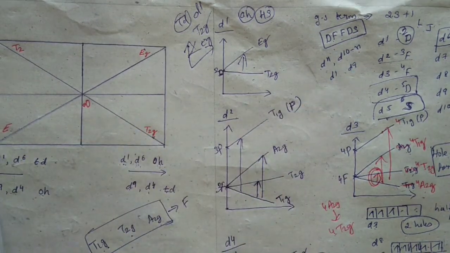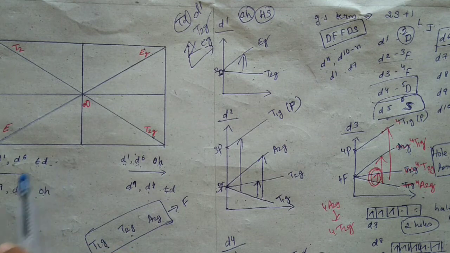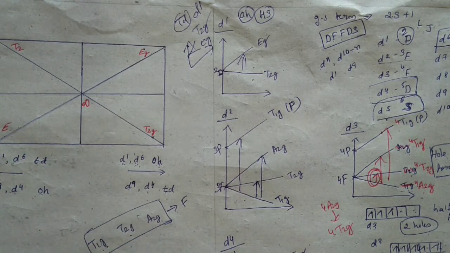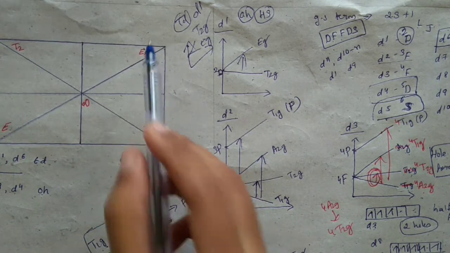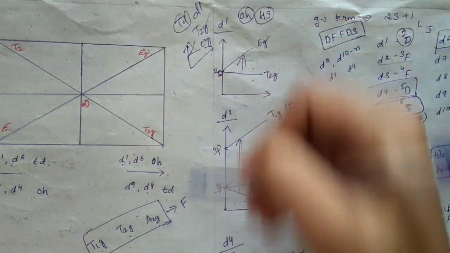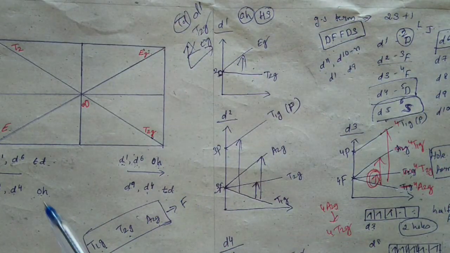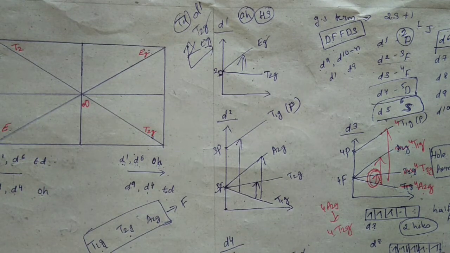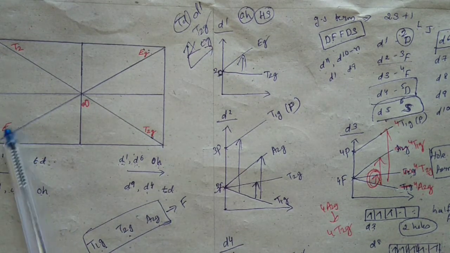On this side, D1, D6 tetrahedral, D9, D4 octahedral. T2g, Eg is the natural form of octahedral. Then you reverse for tetrahedral: D1, D6, E, T2. For tetrahedral we don't use the g, gerade term.